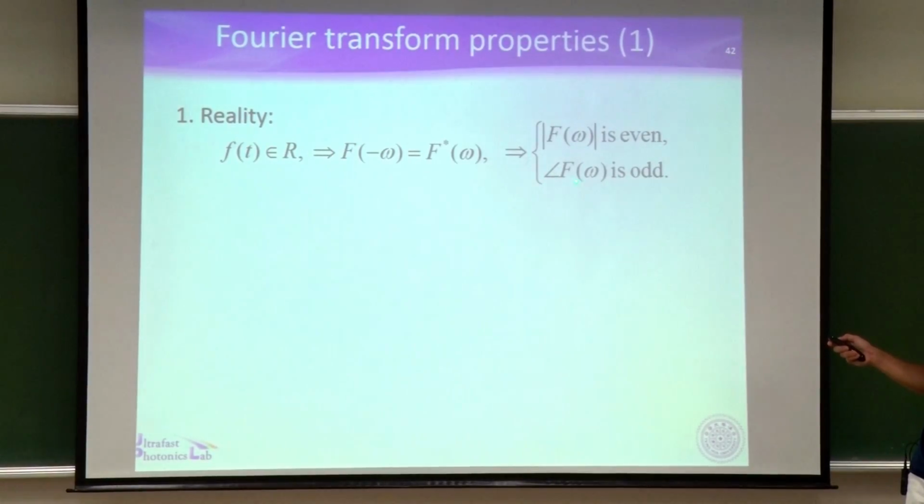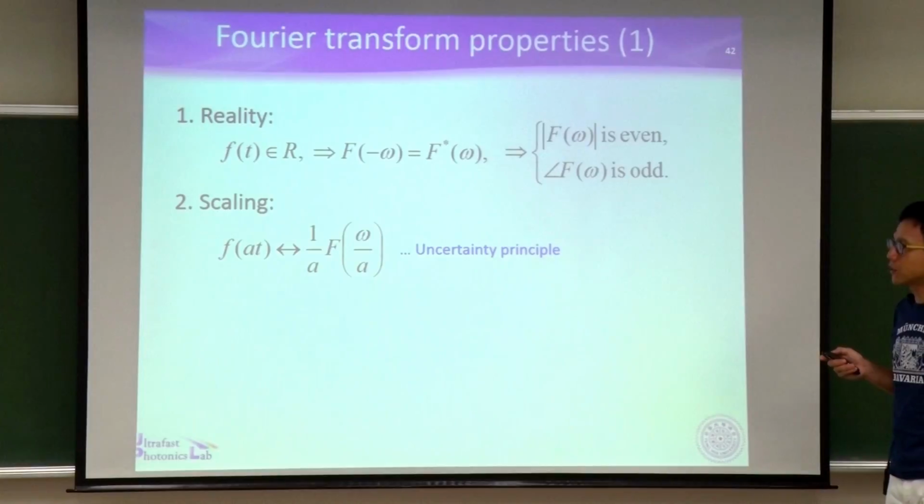If you check the phase function, it's an odd function because of the complex conjugate, right? If you take the absolute value, the complex conjugate doesn't matter, so you get an even function: the absolute value of F of minus omega equals the absolute value of F of omega. But if you look at the phase function, you get an odd relation. We will use this property soon.